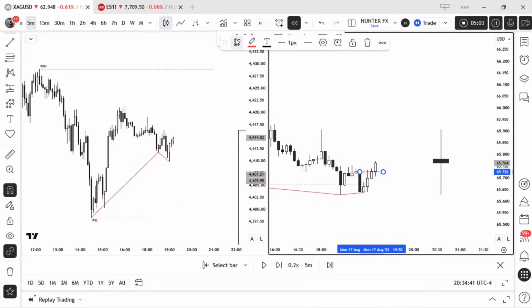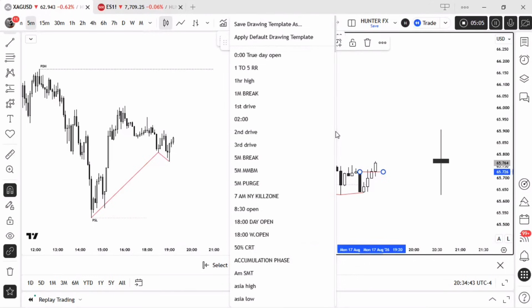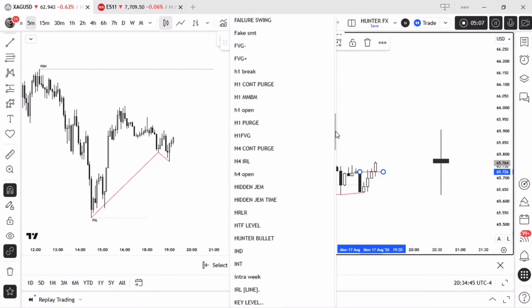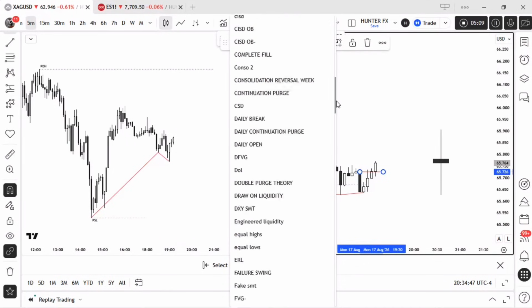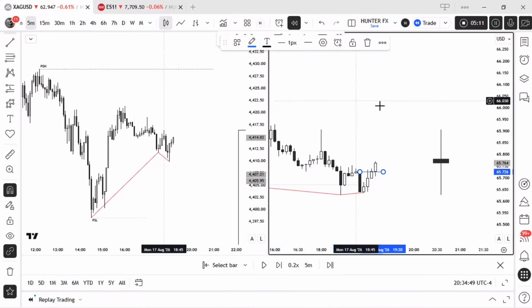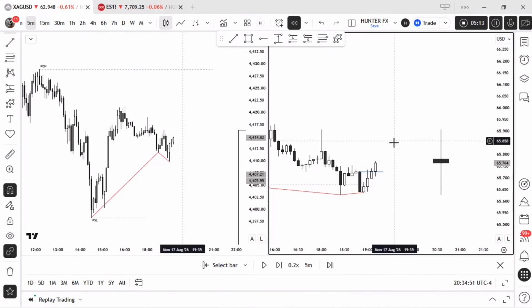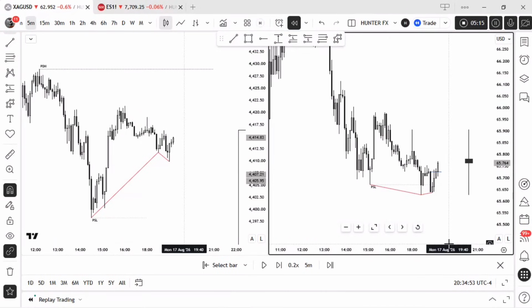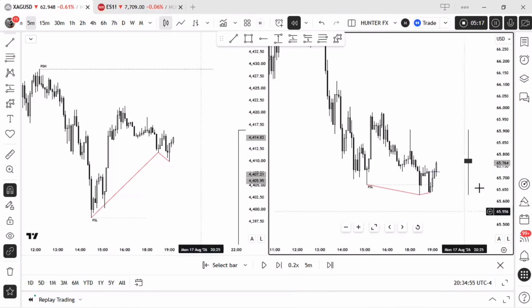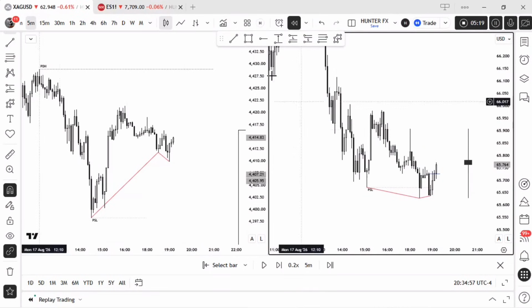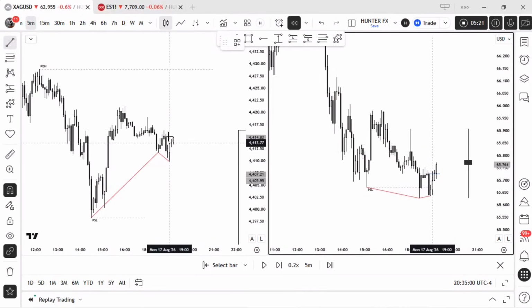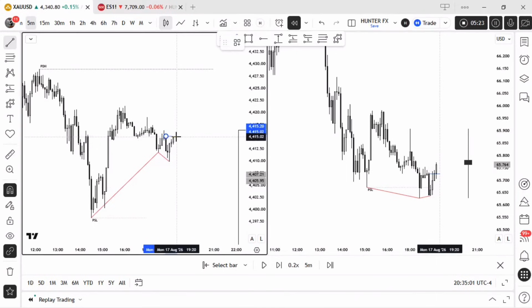This is going to provide us the entry. Silver has already confirmed being bullish, as we wait for gold to also confirm.